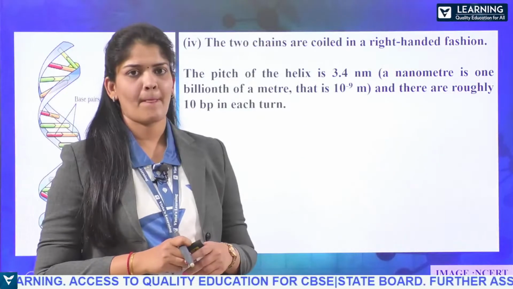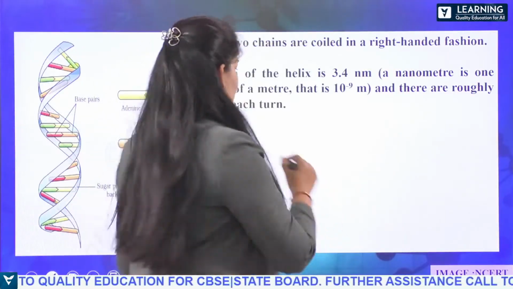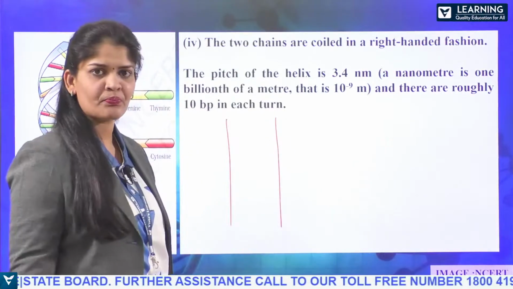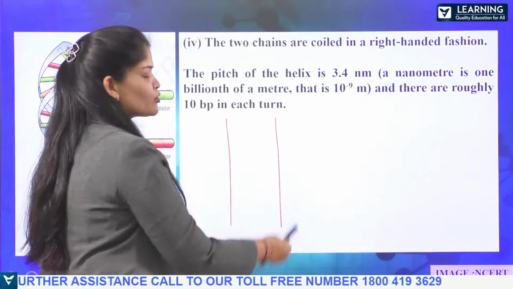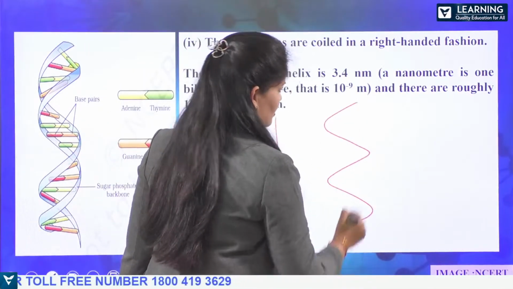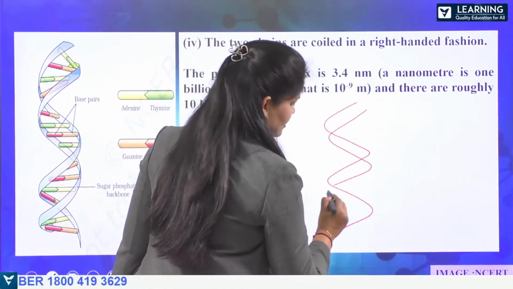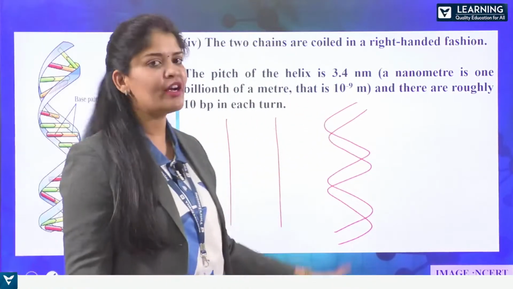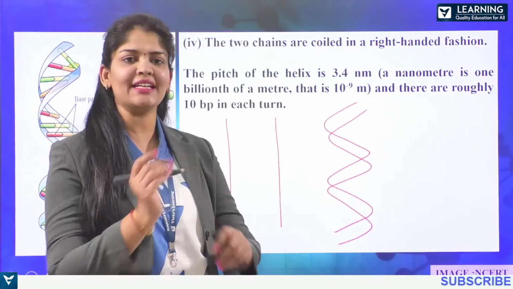Now, as we just mentioned, the two separate polynucleotide chains twist together like this. They twist such that they are coiled to form a double helical structure.